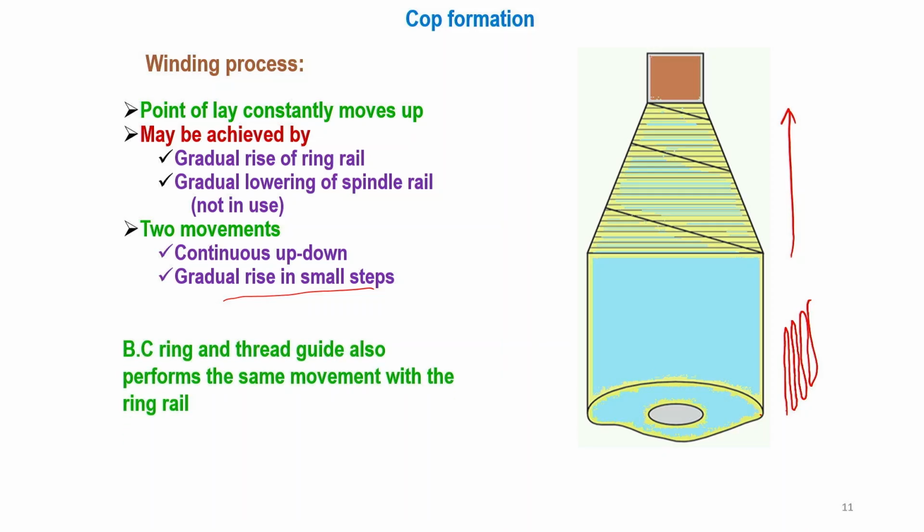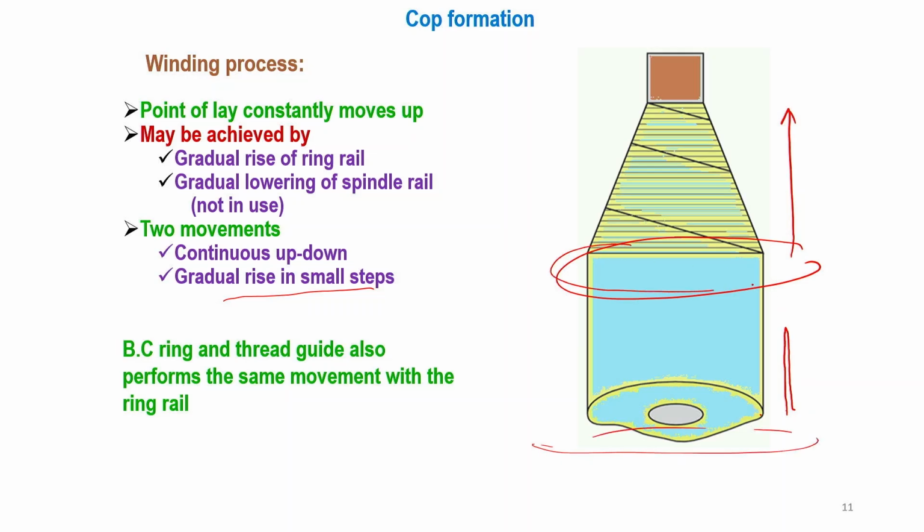Balloon control ring and thread guide. Here we will have a balloon control ring. Suppose this is the ring rail, the balloon control ring, BC ring, will be here, and at the top there will be the lappet guide, the thread guide.